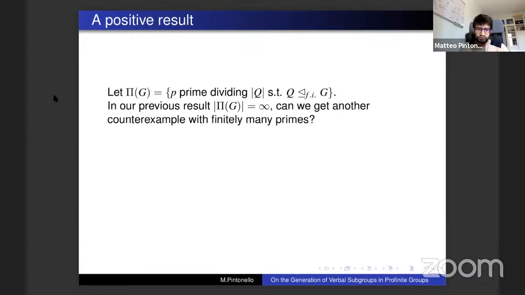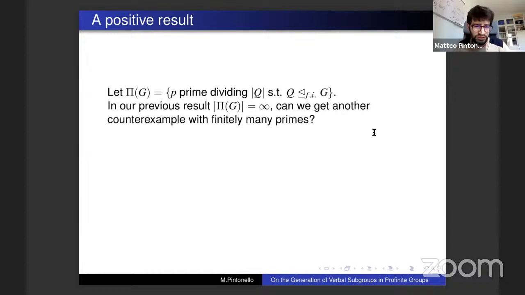If we define P of G as the set of primes dividing the order of G as a supernatural number, so I mean it would simply be the set of primes dividing the order of a finite index quotient of G. Anyway, in our previous case P of G was infinite, but we also know that if P of G is equal to 1, then we are in the case of a single p-group, and we know that everything works.